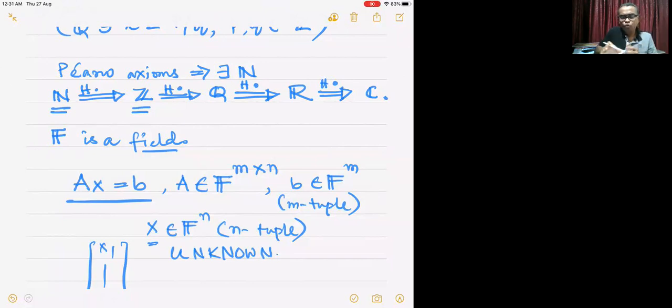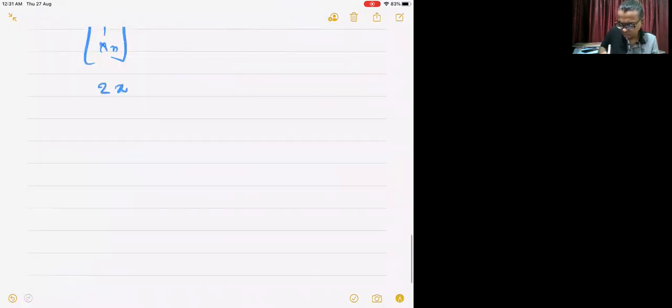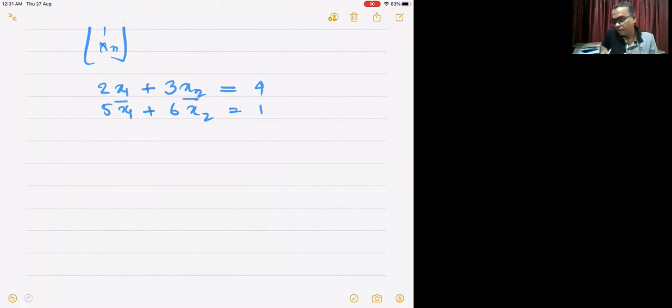So if somebody gives you an equation of this kind, let's say 2x1 plus 3x2 equals 4 and 5x1 plus 6x2 equals 1, and asks you to give solutions x1, x2 as integers, you have to say that I don't know how to do this, because that row reduced echelon form kind of thing is not going to work out here.